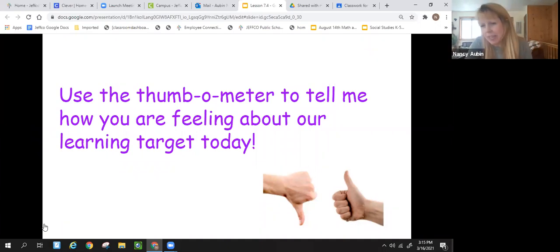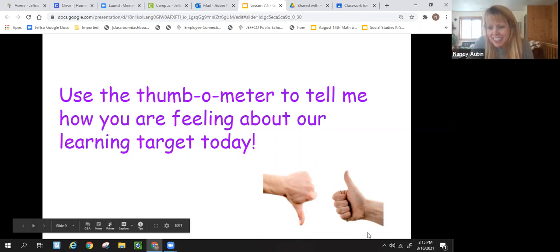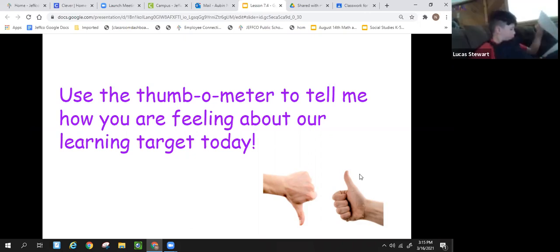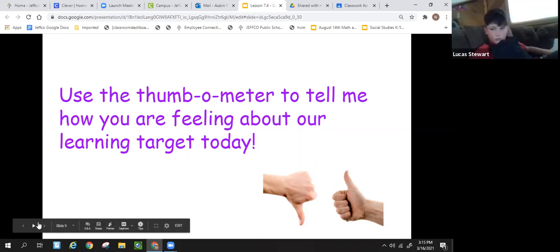Gavin, I can't tell what that means. Are you happy? Are you sad? Are you good? Are you bad? Okay. Lucas, I'm not sure how you're feeling. Elena, I see you. Abby, I'm not sure what that is. Astria, thank you. Evie, is that a little bit of both? Kind of in the middle? Okay, Ellie's got it.